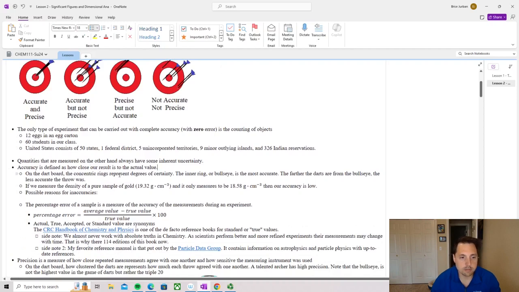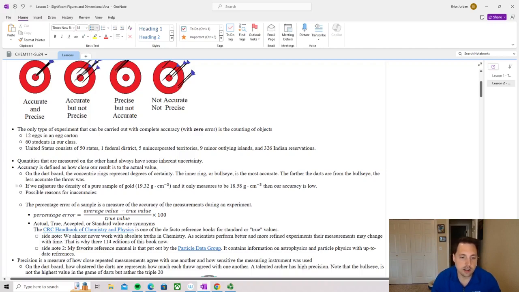All right. Now, we'll define the accuracy of our measurement as how close it is to the actual value. And so the concentric rings represent our degrees of certainty. The further we get away from that center bullseye, the less accurate the throw is. And one property we can think of is density.